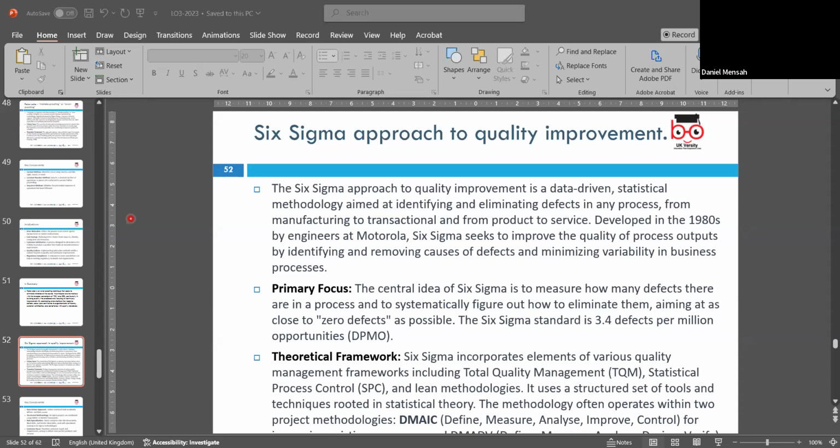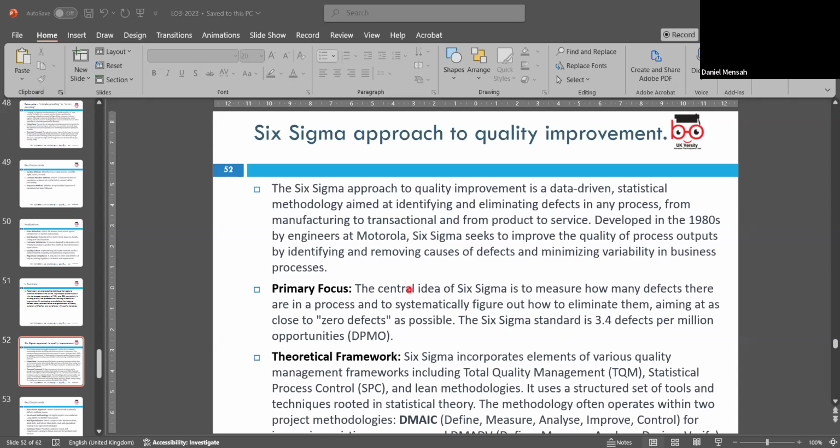It also works to identify and eliminate causes of defects in the process. So it is a cause and effect relationship; they work on the causes. What is causing the problem? What are the causes of the defects in the processes? They figure out these things, and they try to bring some corrective action and improve their processes, which leads toward the zero defect approach.